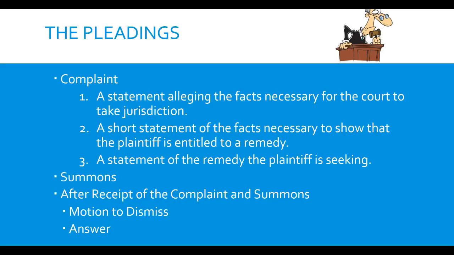Or the defendant may raise these defenses in his or her answer. Some of these must be raised at this stage or they'll be deemed waived. A defendant may also move for dismissal on the grounds of the plaintiff's failure to diligently prosecute his or her claim or to comply with procedural rules or a court order.